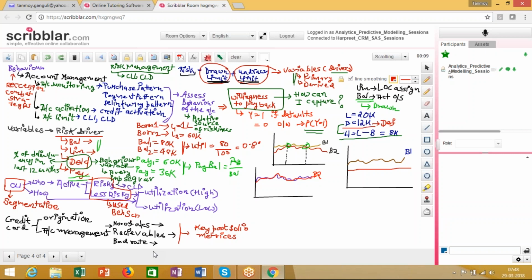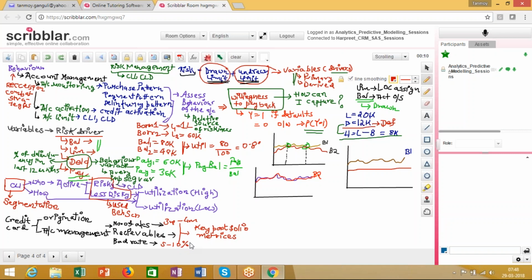For a large bank, the number of credit card accounts would range anywhere between 3 million to 4 million in a given month, and the overall bad rate is anywhere between 5 to 10%, mostly around 7 to 8% on the whole.